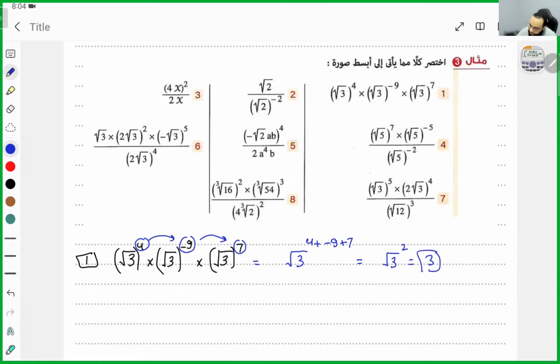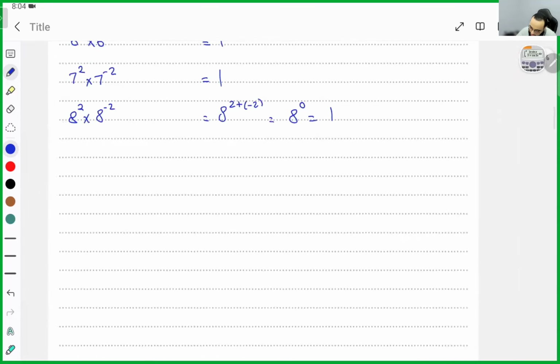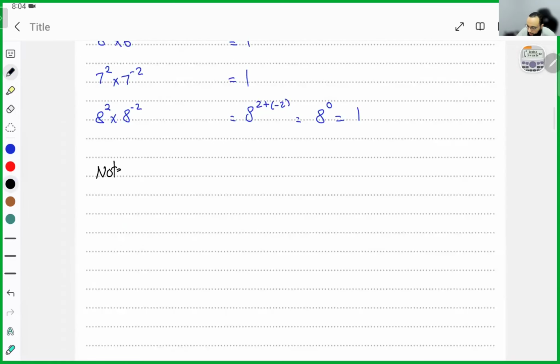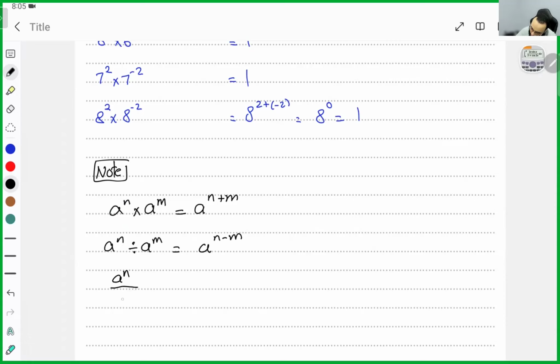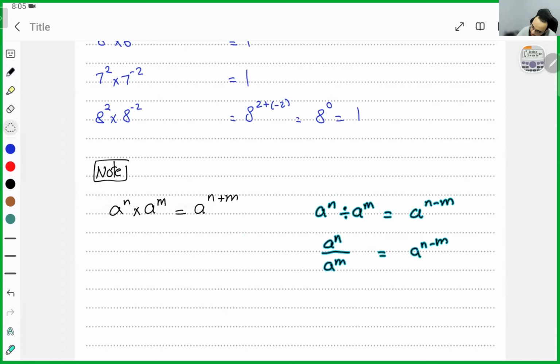So Anas, with multiplication, we are adding the powers. With division, we are subtracting the powers. If it is a power of n over a power of m, it's a power of n minus m.